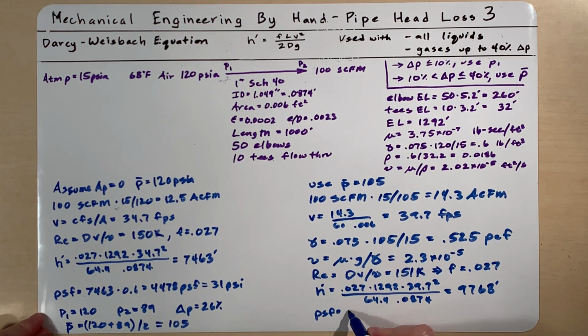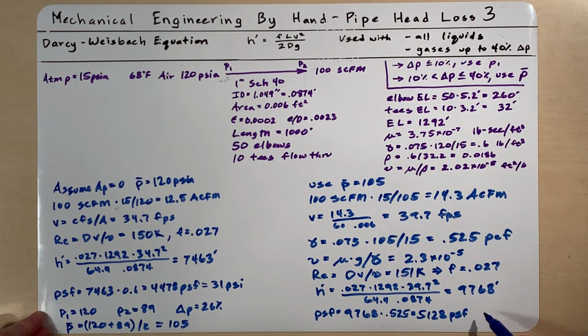Okay, so we need to find the PSF again. PSF equals 9768 times our specific weight, 0.525, and that is 5128 PSF, and that equals 35.6 PSI.